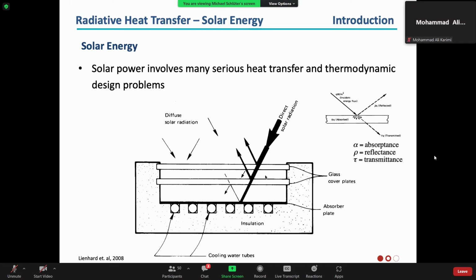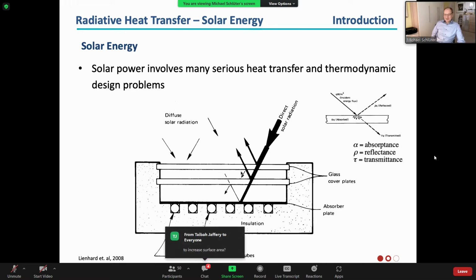So what you usually do is to evacuate this volume here in between the plates. Yeah, and the evacuation here is, on the one hand side, you have a vacuum inside, so this means that the radiative heat is less absorbed here, because we have a vacuum.